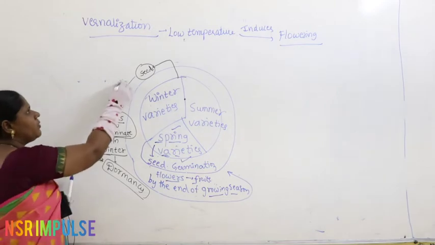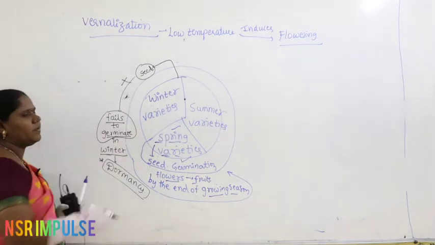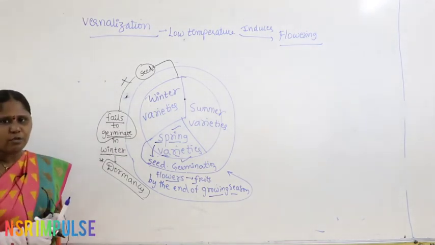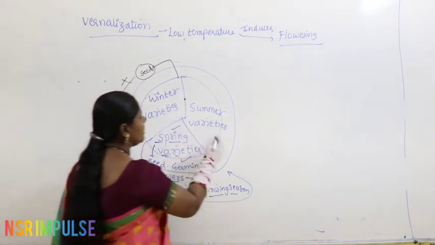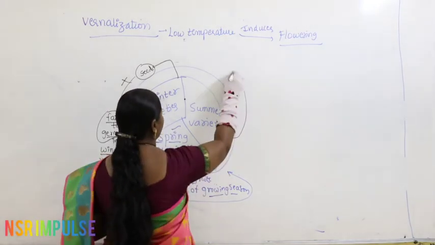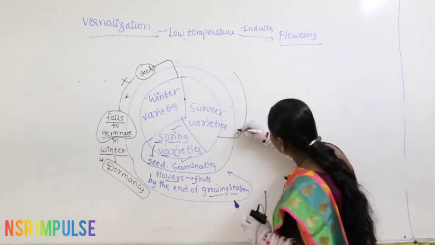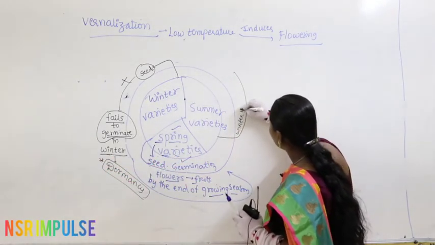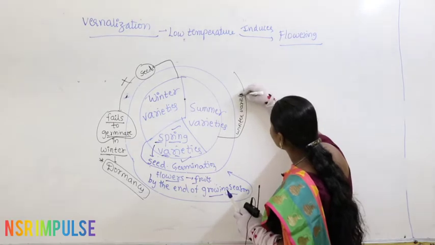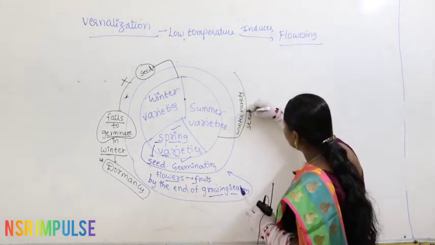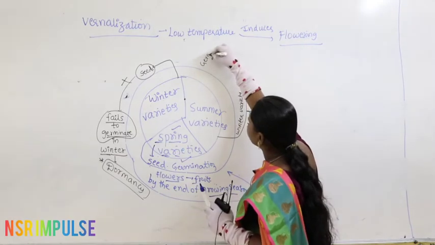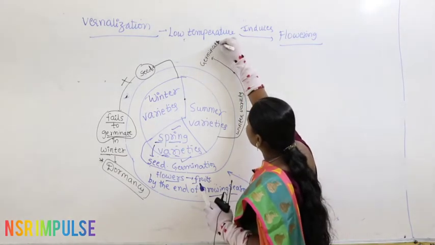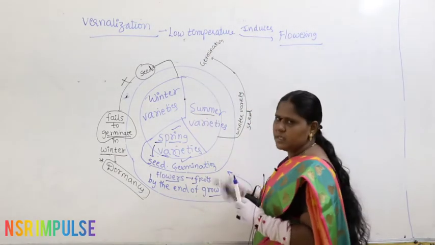So you are not supposed to plant the seeds of winter varieties in winter. Then when do you have to plant? You have to plant this in summer season. When you keep the winter variety seed here, then the seed will undergo germination within the summer season.